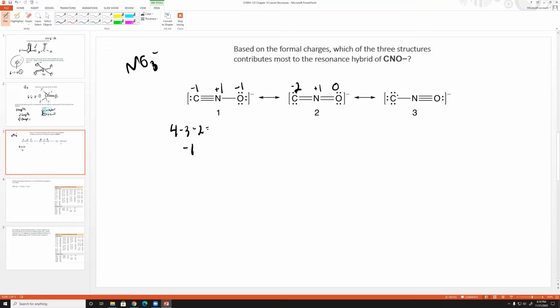Then this carbon, we have 4 minus 1, 2, 3, 4, 5, 6, 7. So 4 minus 7, that's -3. Nitrogen, you have 5 minus 4, which is +1. Oxygen, you have 6 minus 1, 2, 3, 4, 5, which is +1.